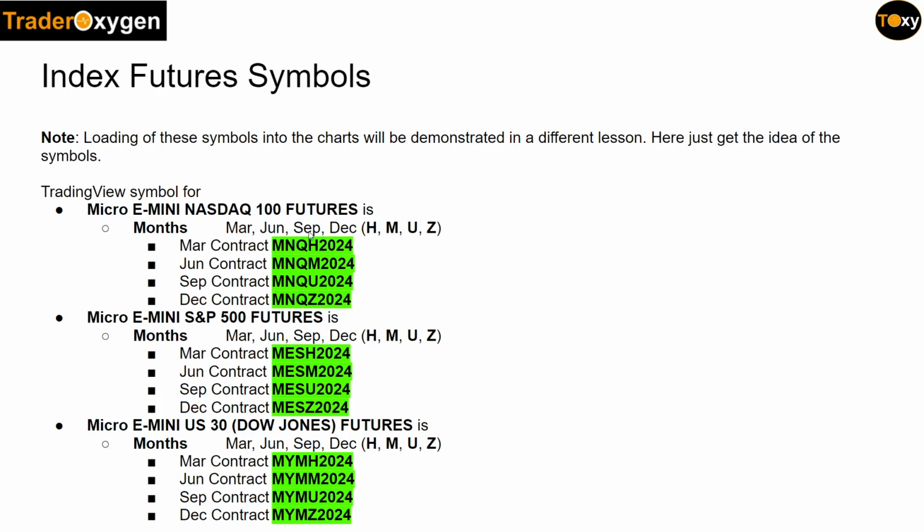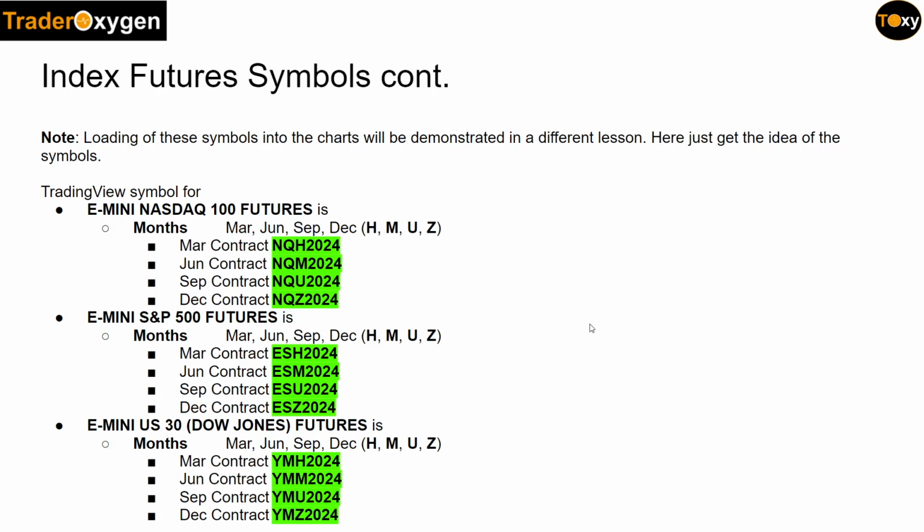What you need to trade is the September contract, which is MNQU 2024. If it's 2025, you just change it. Once again, this is just to give you an introduction. When we do the practicals in the next lessons, you will see how we do them. So don't worry if you can't understand everything we are telling you. Okay, so that is micro E-mini Nasdaq. The next slide will show you the E-mini Nasdaq.